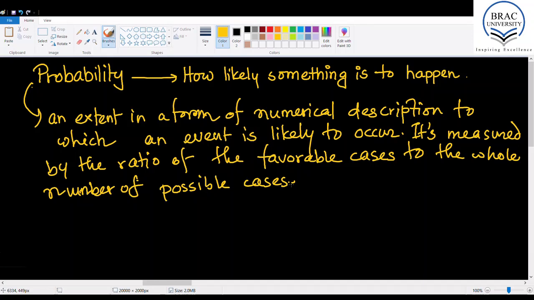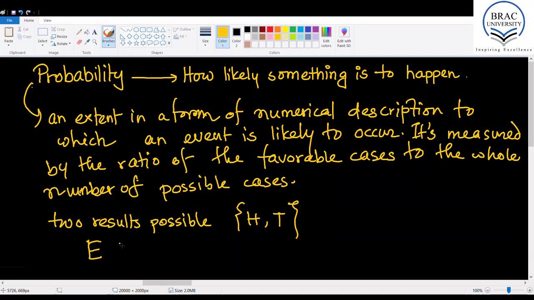Here's the logic behind it. For a coin, when flipped, there are two results possible, right? The results are head and tail. So if someone calls a head, that means his expected event, say it's E, equals this set. He's expecting a head, that's why he called it, and his expected event has H in it.